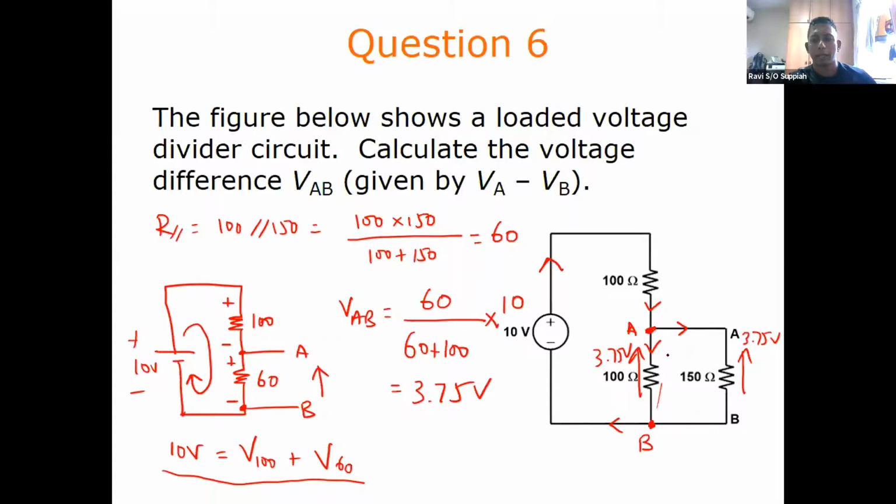And again by the voltage divider rule, if this is 3.75, then this should be 6.25, because whatever is not here will be here, as there are only two components. So the full 10 volts will appear across all the components here. So this is 6.25 and this AB is 3.75. That is basically how you do this question 6.